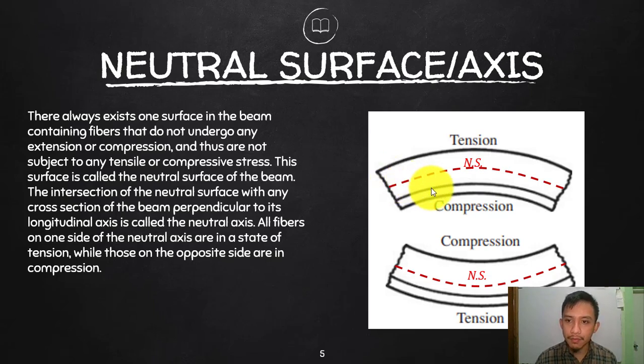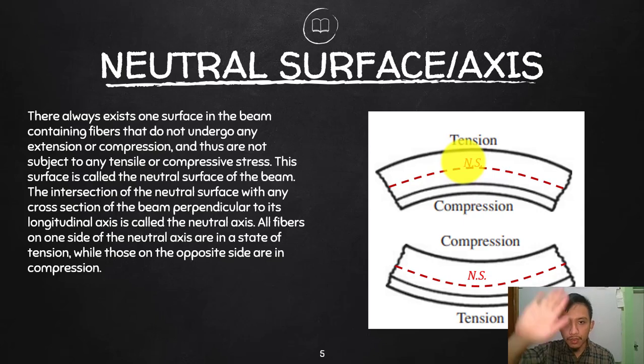Some fibers below will be under compression, some on top will be under tension, and somewhere in the middle there is a surface of fibers that is not under any stress. It is neutral: it is not under tension, it is not under compression. That surface, composed of unstressed fibers, we call the neutral surface.